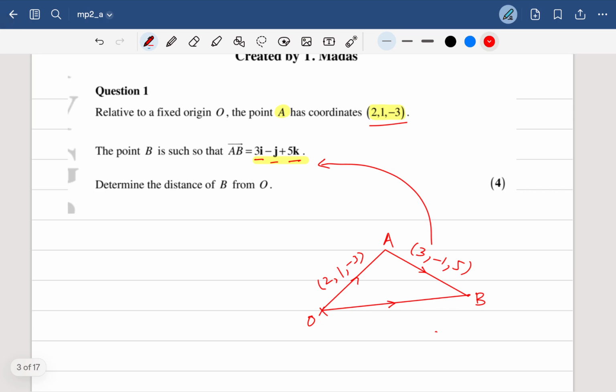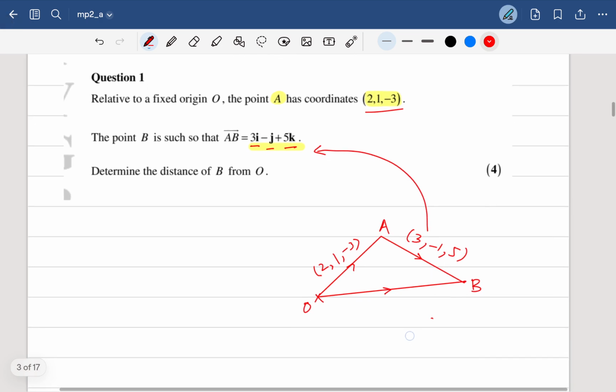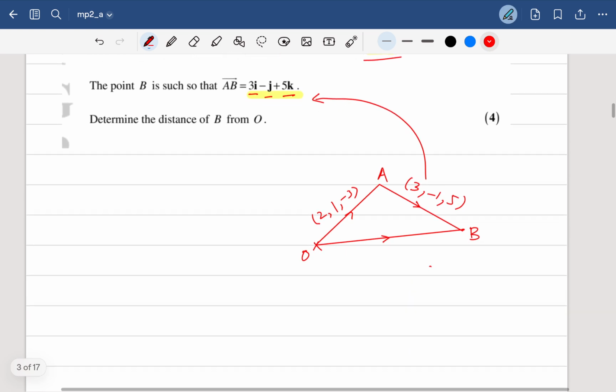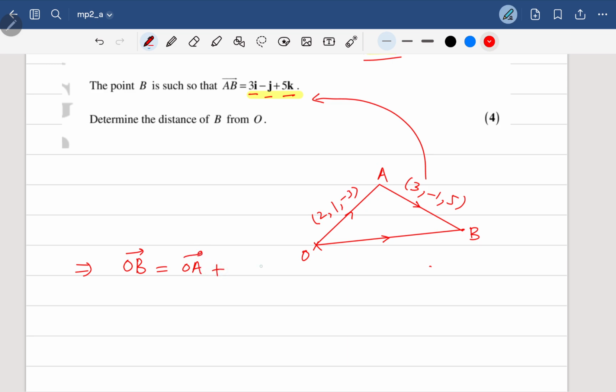If we need to work out the vector OB, that means we have to use the triangle law of addition. So OB should be equal to OA plus AB.